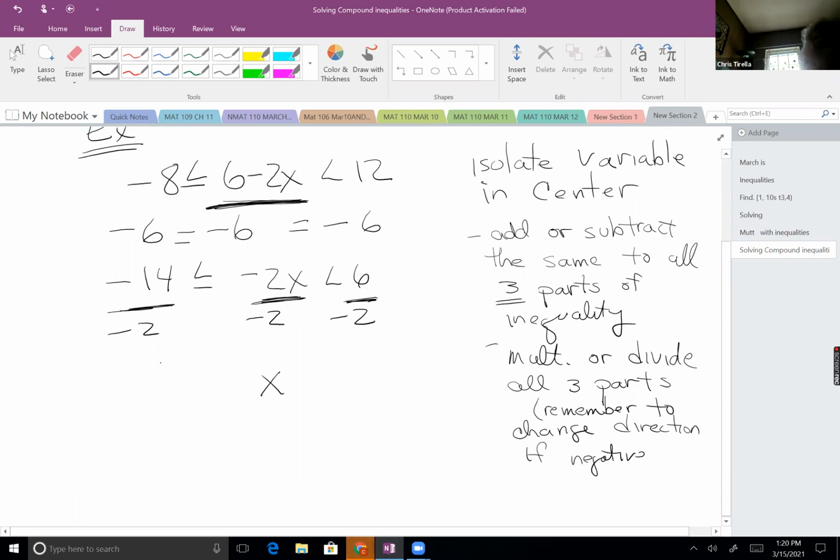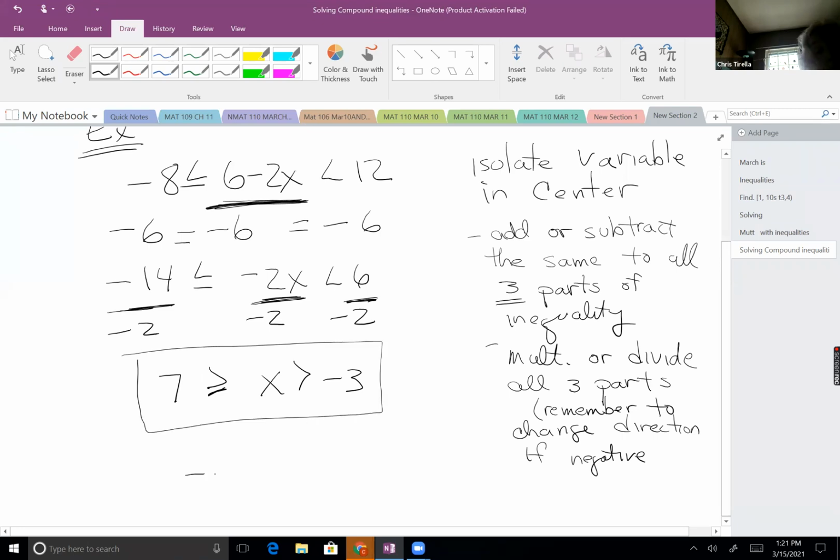Since I'm dividing by -2, here I get +7, and I'd have to reverse that from less than or equal to, to greater than or equal to. Negative divided by negative would be +1. 6 divided by -2 would be -3, and I'd have to reverse that direction from less than to greater than. And so this would be my final solution.